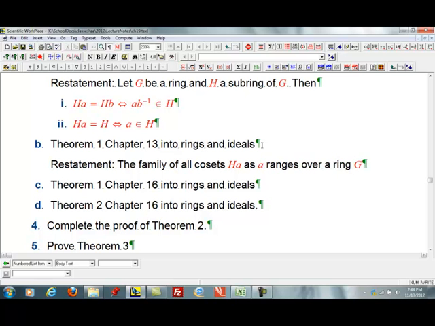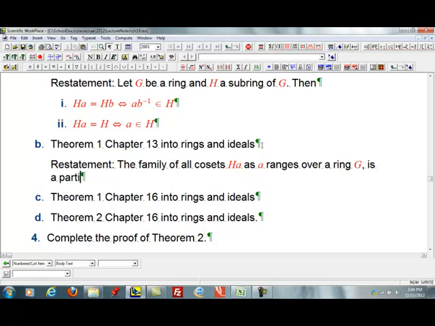So we have to just say that G is a ring. Is a partition of G. Now, was there anything that we had special about H? Was H a normal subgroup? Did they say in the paragraphs before that? H is a fixed subgroup.